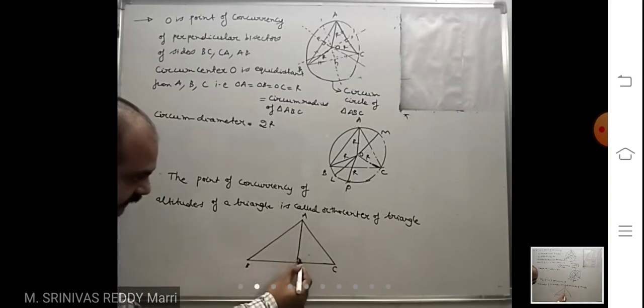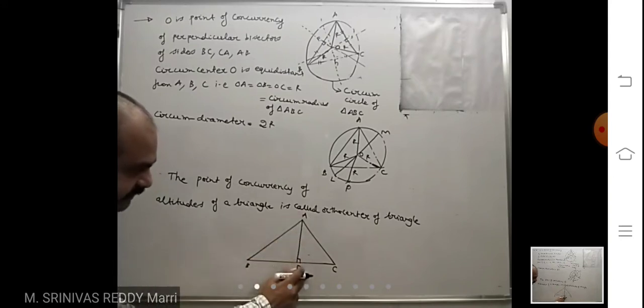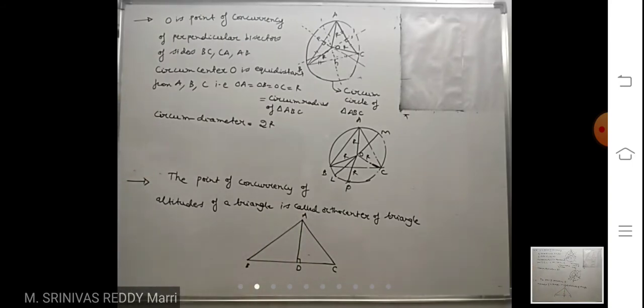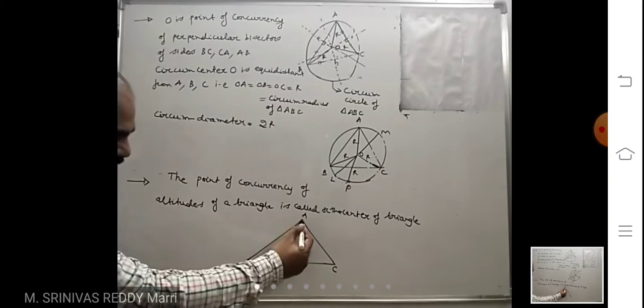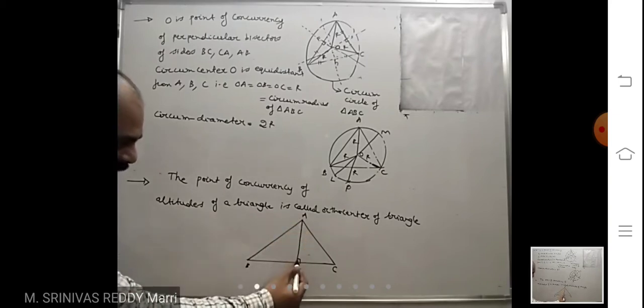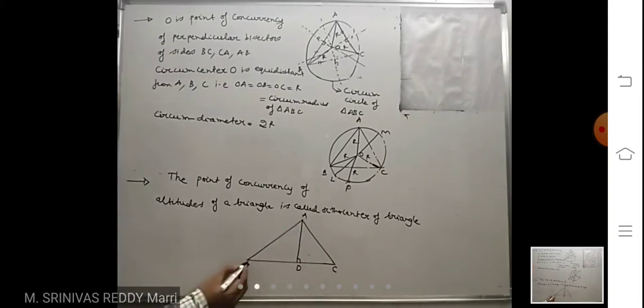This is one altitude, AD. From vertex A, drop a perpendicular upon BC. This AD is called the altitude passing through A, just a perpendicular. In the previous case, that was a perpendicular bisector. This is called the altitude passing through A.